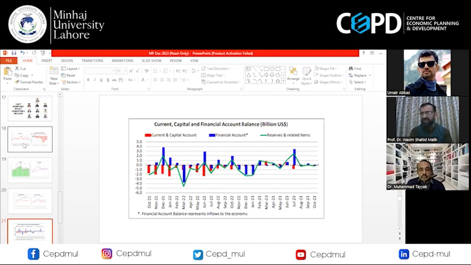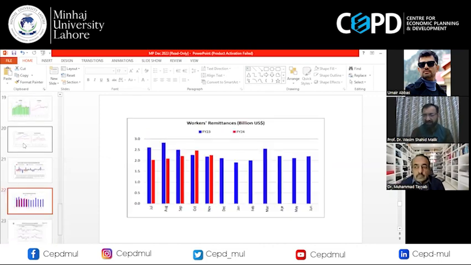So we can say that it is still in the positive range. Last year, our current account was in the negative zone, and now for this particular month, October 2023, it is in the positive range. So it is expected that there will be a current account deficit for fiscal year 2024, but it will be within some acceptable range.